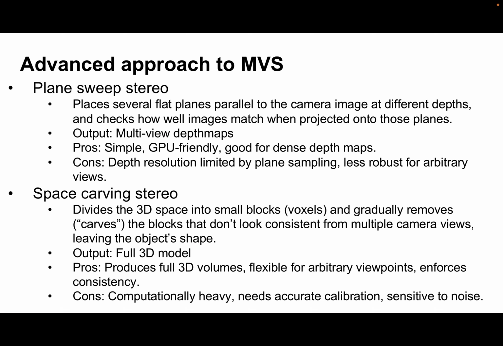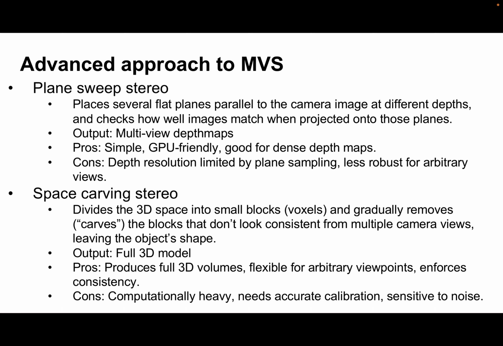The second advanced approach to multiview stereo is space carving stereo. It divides the 3D space into small blocks, which are called voxels, and gradually carves them away. Carving is like, let's say we have some basic 3D sculpture, and we'd like to change its shape by removing some unnecessary part from the sculpture.